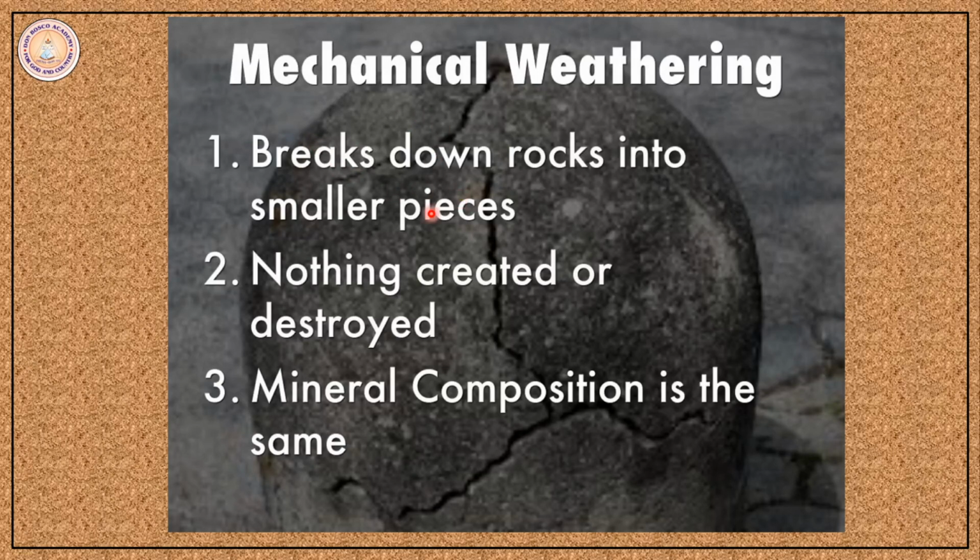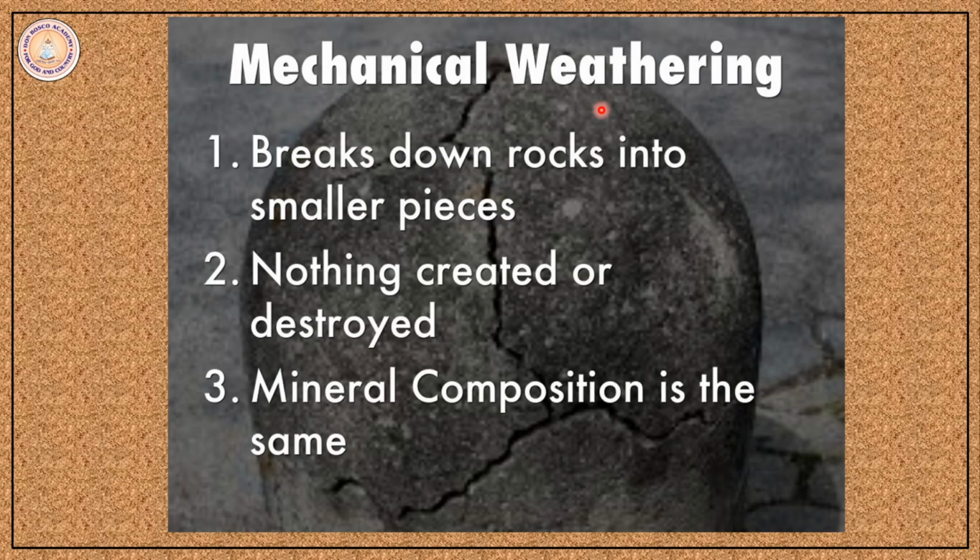Mechanical weathering breaks down the rocks into smaller pieces and the composition of the mineral remains the same. That means the rocks which break down to form the soil will continue to have the same composition which the rocks had. Now, temperature plays a very important role in mechanical or physical weathering.